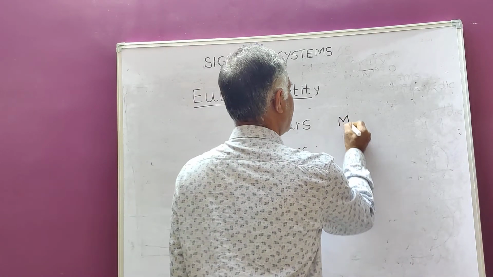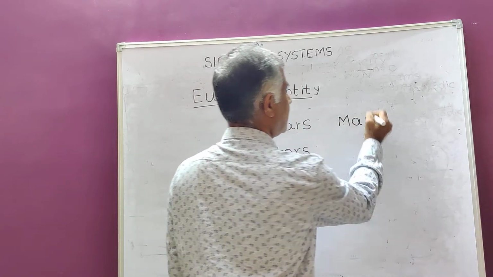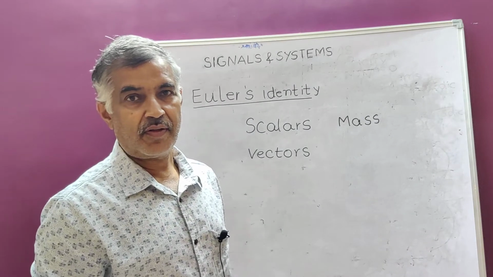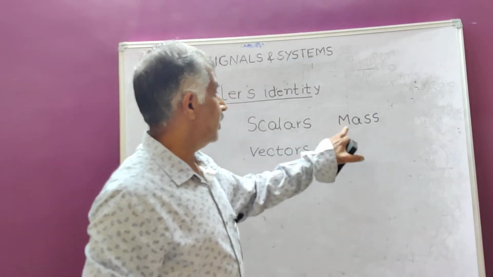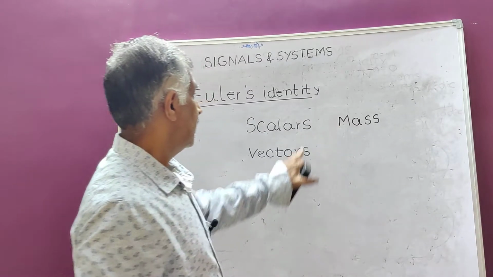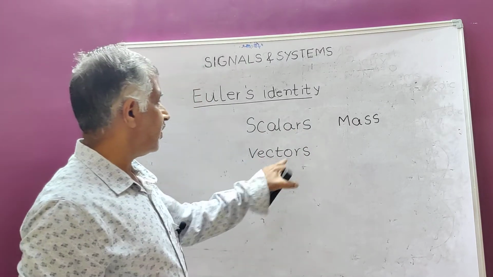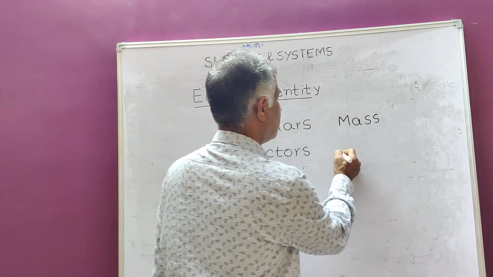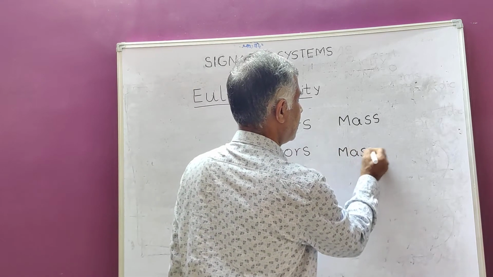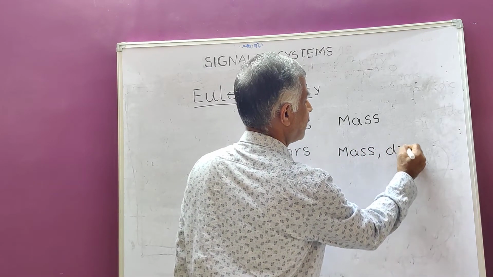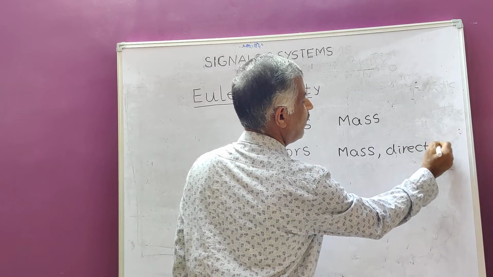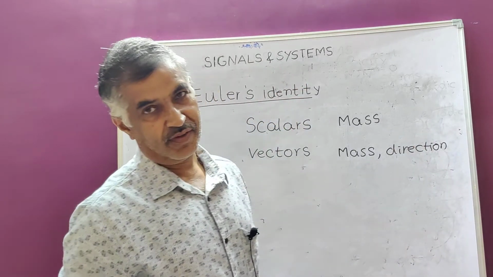Example, mass. So scalars possess only magnitude, whereas vectors possess both magnitude and direction.